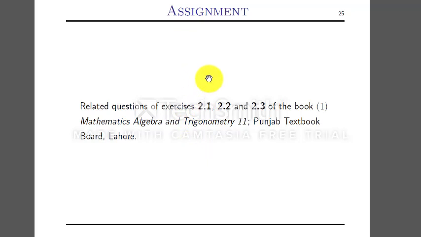Any material before exercises 2.1, 2.2, 2.3 is involved in your course outline and for your assessment as well. You are free to ask any question, any property, proof of this property, application of these properties, which are very clearly defined in this book.